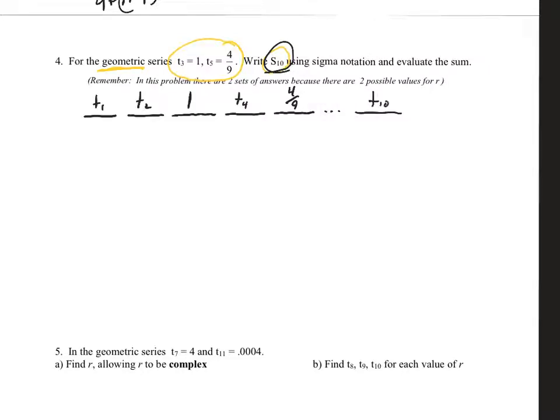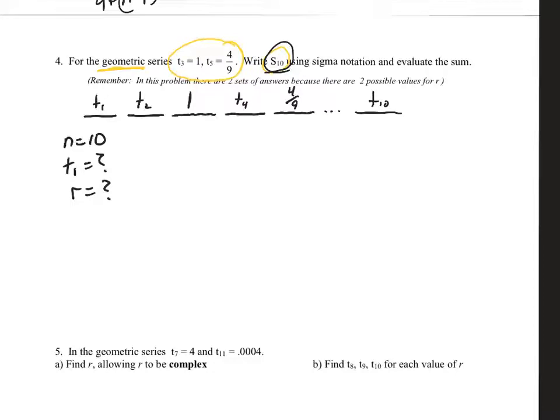So in order to do this, we need to figure out what T1 is, and we need to figure out what the ratio is. We know that n is 10. We don't know what T1 is, and we don't know what the ratio is. Those are what we need in order to write this in sigma notation.